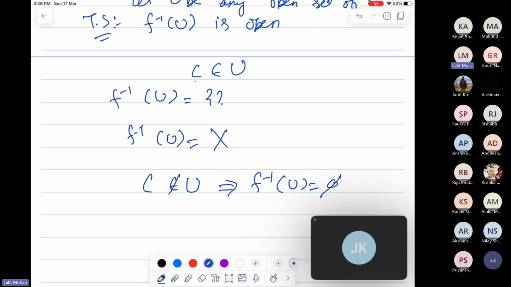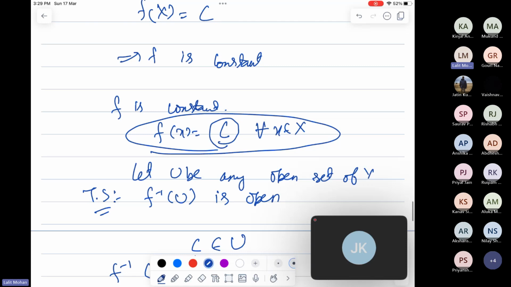Empty set or not? This will be an empty set or singleton? I'm saying that f inverse U is the empty set, because only c has a pre-image. Apart from c, we don't have any element that has a pre-image.